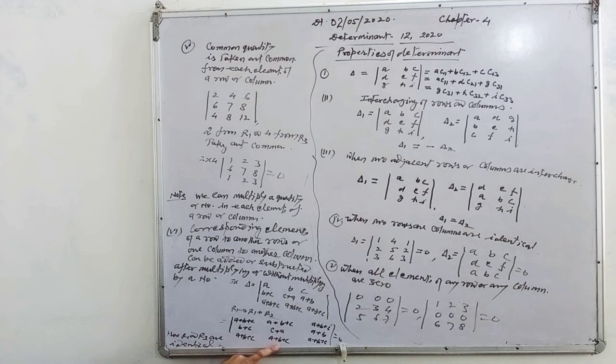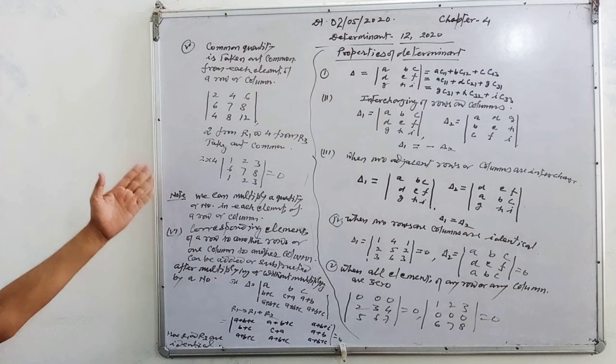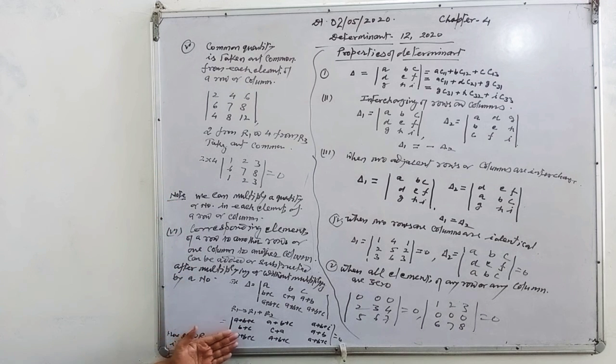Don't solve it directly, you can write the result. Why? Because if two rows or two columns are identical, the solution of the determinant will be 0. So directly you can write the result 0. You will get many questions related to this, and by applying this property you can easily solve exercise problems. Remember these very important properties.